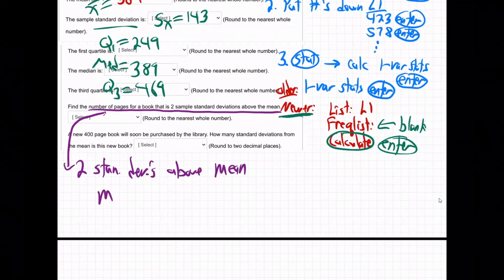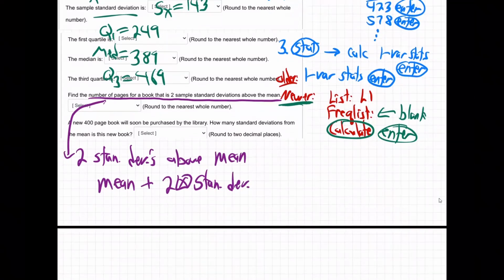So what that means is the mean plus 2 times the standard deviation, right? It's 2 standard deviations above. Above means add, right?